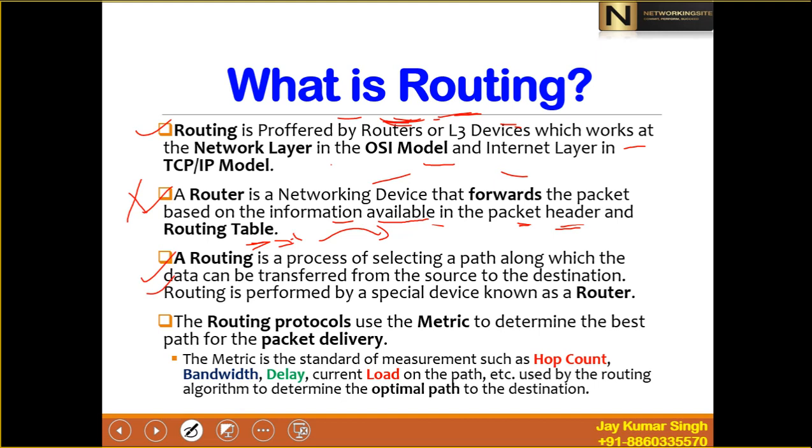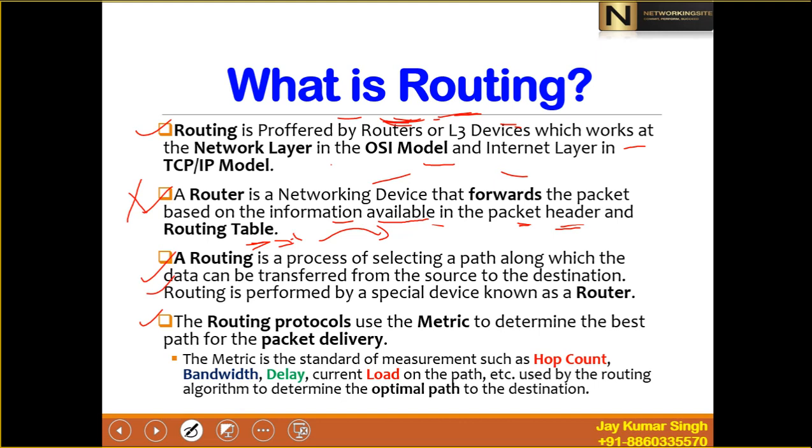Now every time we are talking about some best path, right? So if I have multiple paths to reach any destination, my router is selecting some best path. But how is the router selecting the best path?